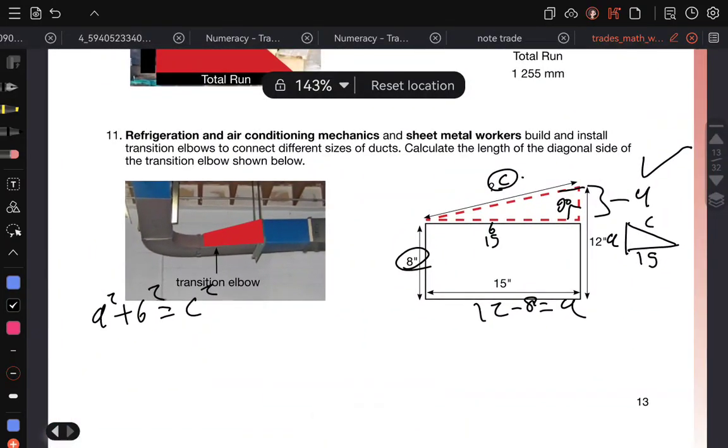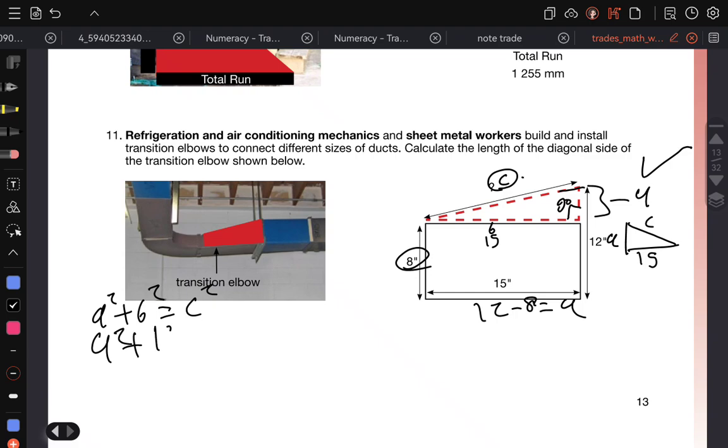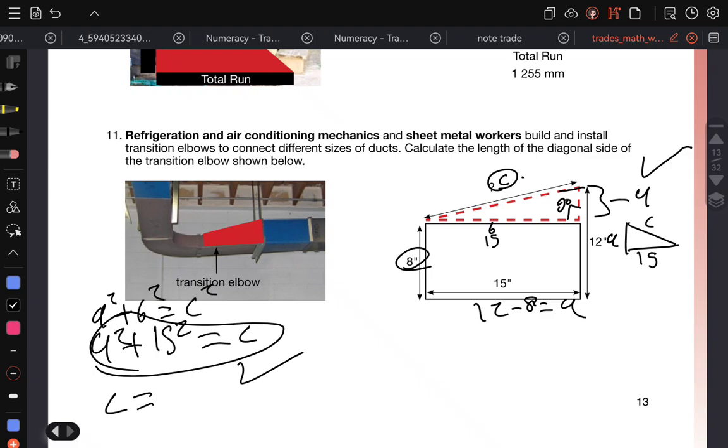Just fill in, which is 4 over 2 plus 15 over 2 equals c, and you do the same thing. It's gonna be your homework. The answer is gonna be 15.52 inch.